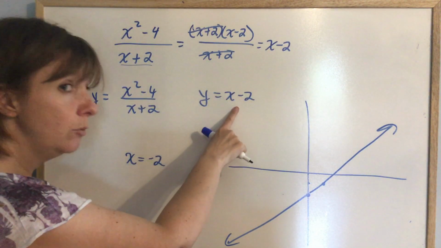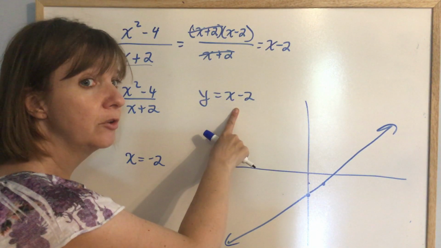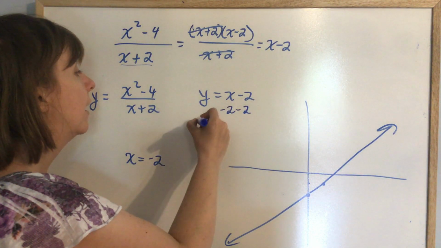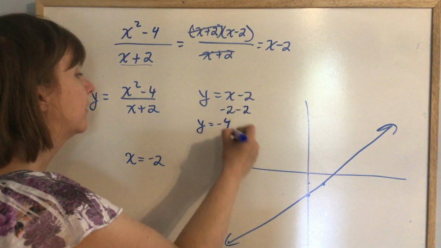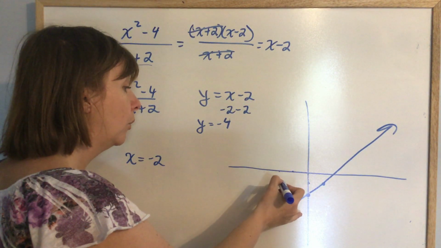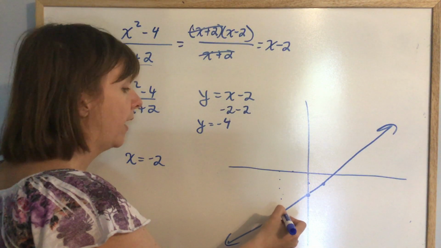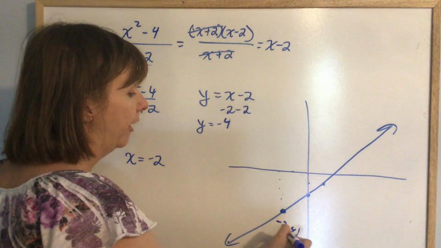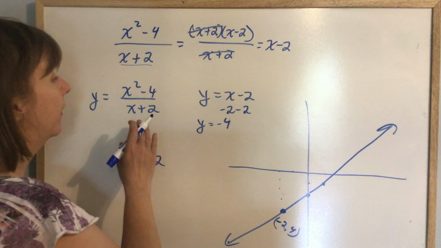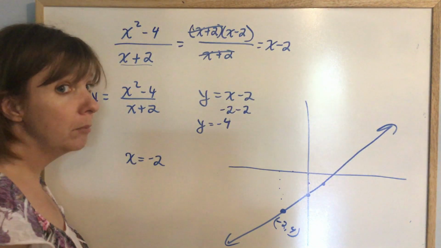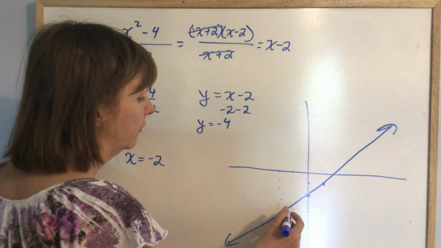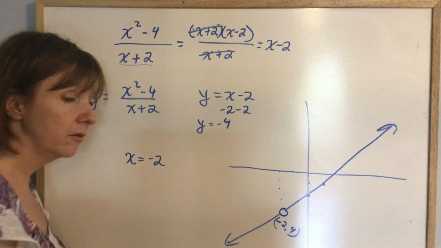That does not in any way stop me from putting the -2 into this equation. If I put -2 into here, I get that the y is -4. So at -2, -4, the graph is here. That's a point on that line. We have to indicate that for the original equation, that's actually a problem area. So to indicate that it's a problem area, at that -2 and -4, we put an open circle.